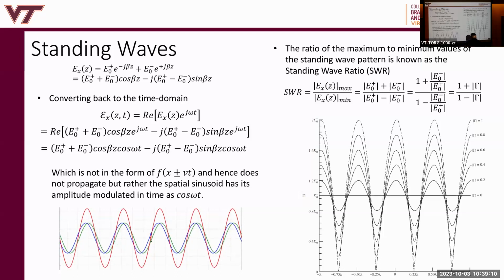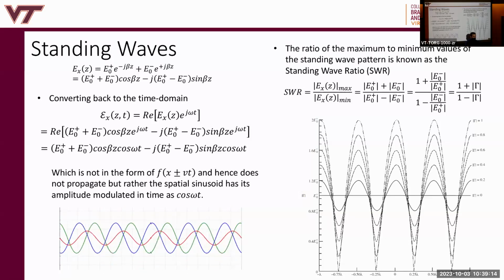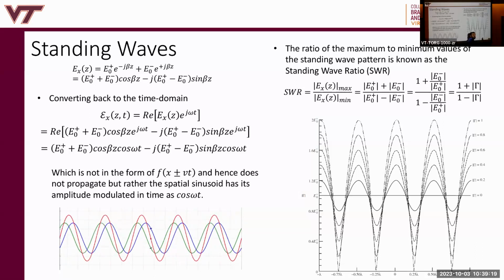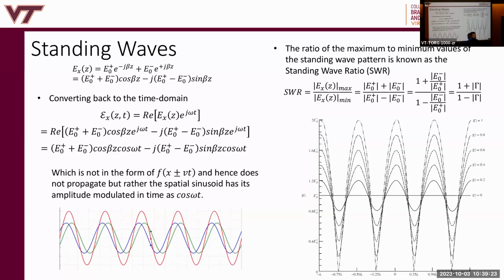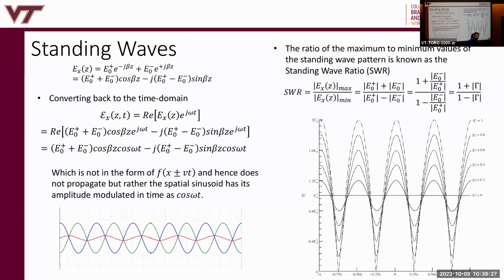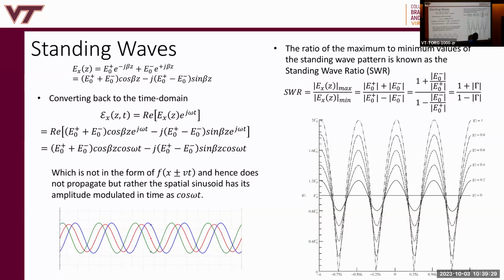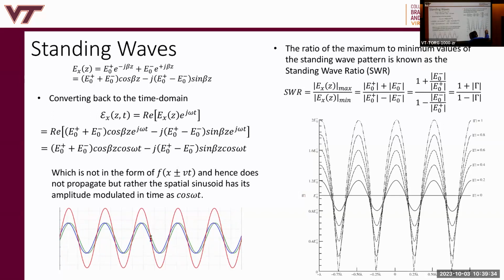In that situation, we have a forward traveling wave and a backward traveling wave that we can superimpose and get a standing wave. Now, maybe that reflective mirror partially transmits and partially reflects, so we might not get all of the incident wave coming back. The reflected wave might have a weaker amplitude than the incident wave. That ratio of the reflected amplitude to the incident amplitude is called gamma.